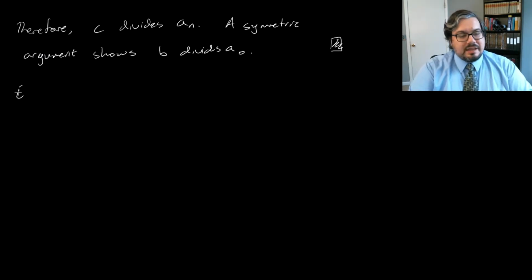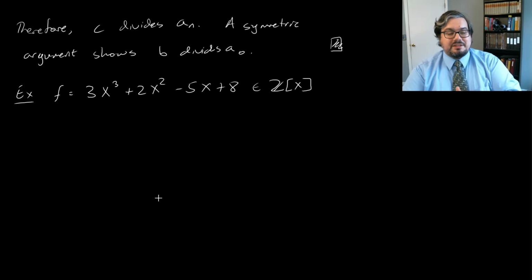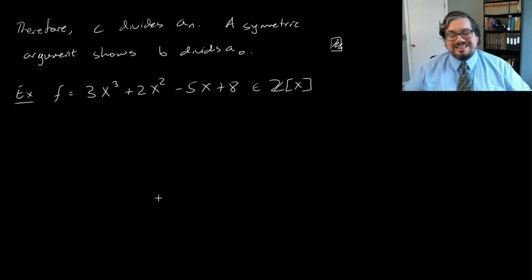All right, so let's take as an example the polynomial f, which equals 3x cubed plus 2x squared minus 5x plus 8, which is in the polynomial ring over the integers. We want to show that this is irreducible. Since it's degree 3, we can do that by showing that it contains no rational numbers as roots.